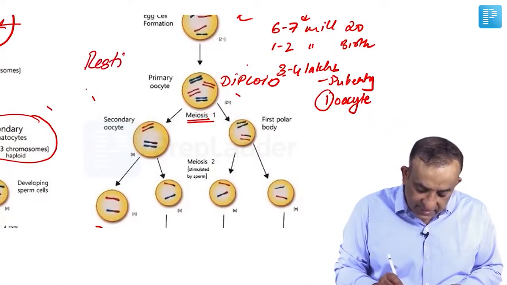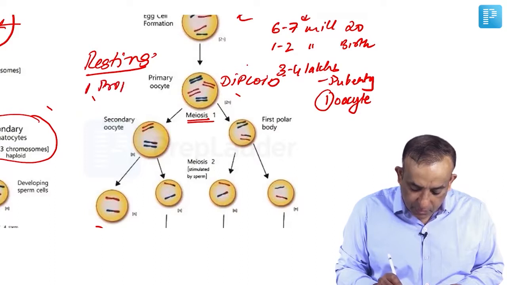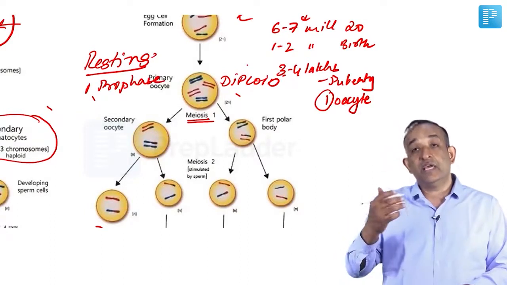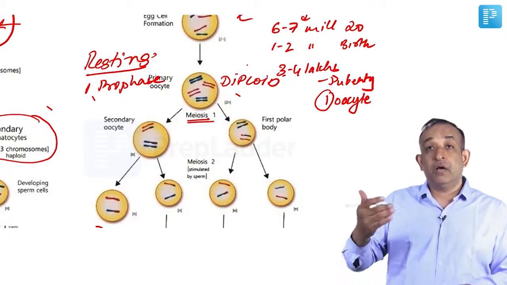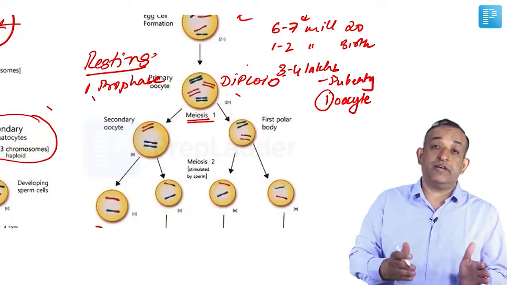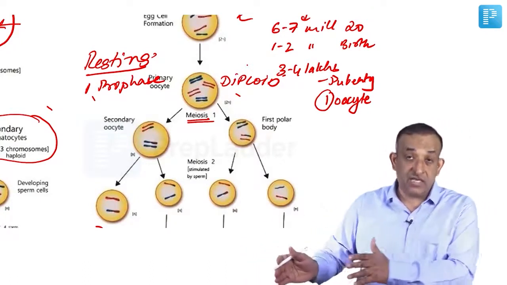The oocyte is resting in the prophase of the first meiotic division, prophase 1, and you know the prophase is divided into leptotene, zygotene, pachytene, diplotene and diakinesis.